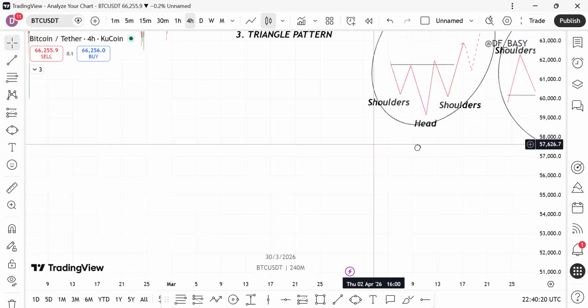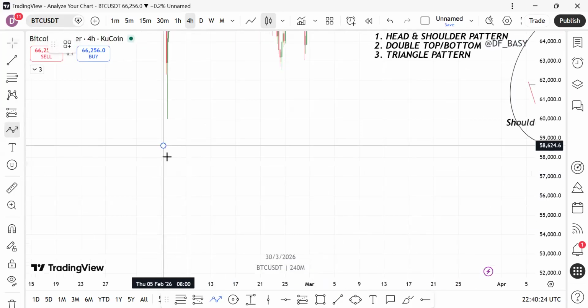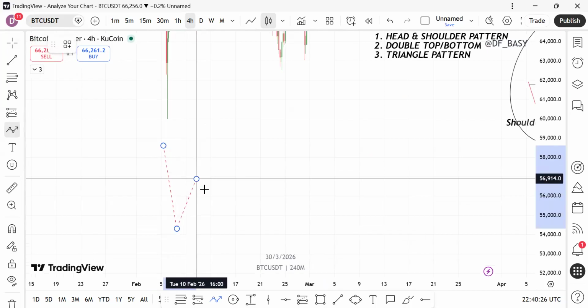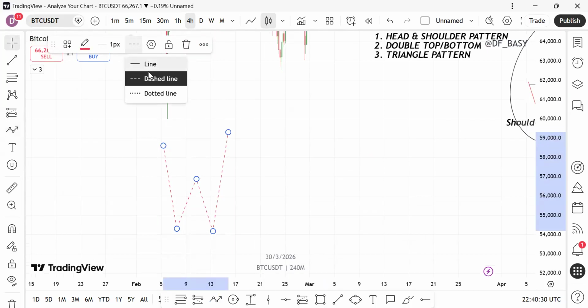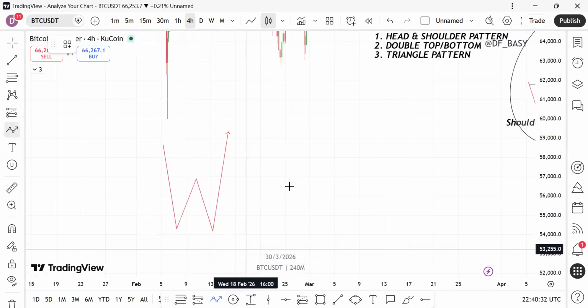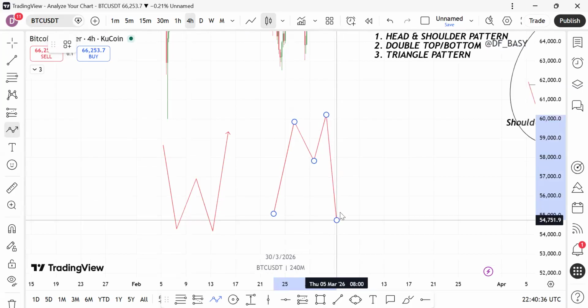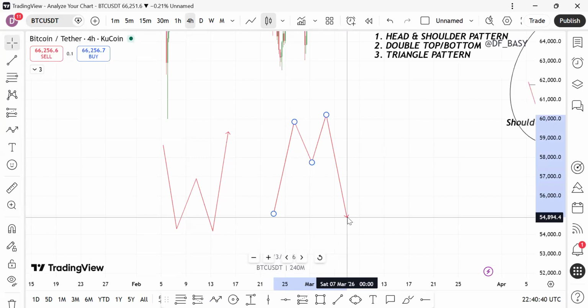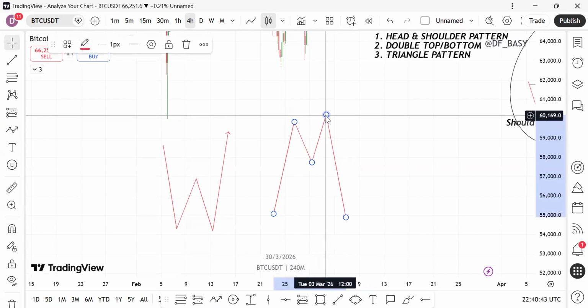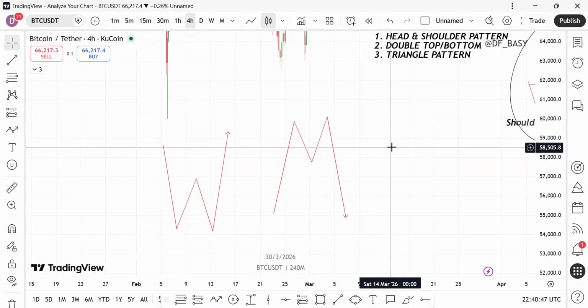Then we have the double top and double bottom. Let me show you how the double top and double bottom look. This is the double bottom, and this is a double top. Your ability to understand these patterns and utilize them in the market will give you an edge on how to trade them.